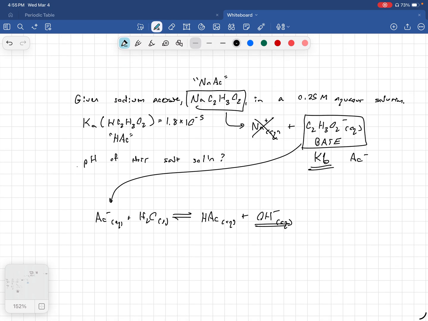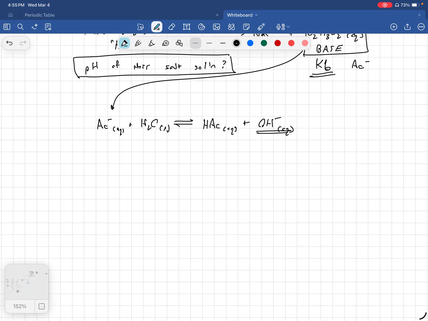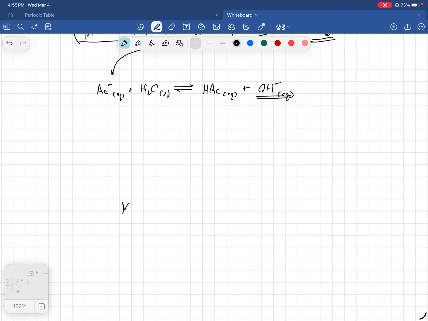Now note, we were asked to calculate the pH of this salt solution, but that requires knowing the H3O plus concentration. So to solve this one, we're going to be solving a Kb expression: conjugate acid at equilibrium, OH minus concentration at equilibrium, all over the concentration of our base, the acetate ion, at equilibrium.